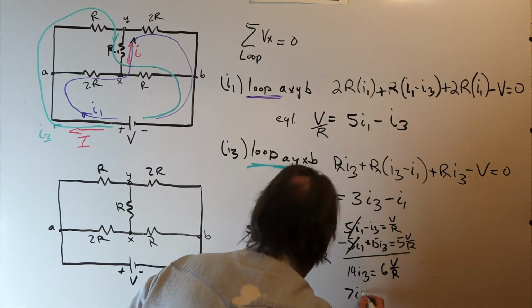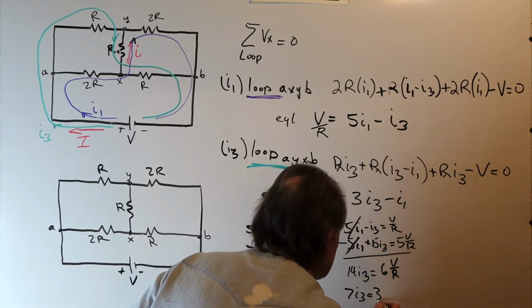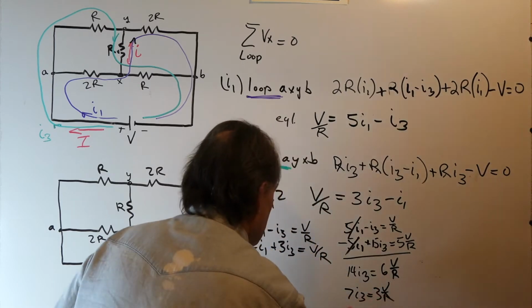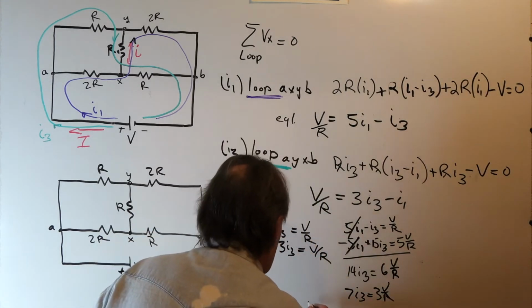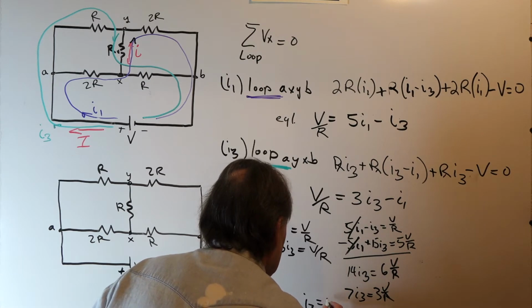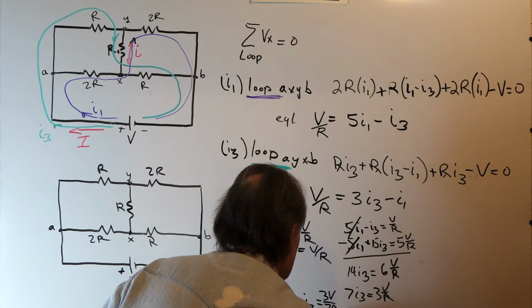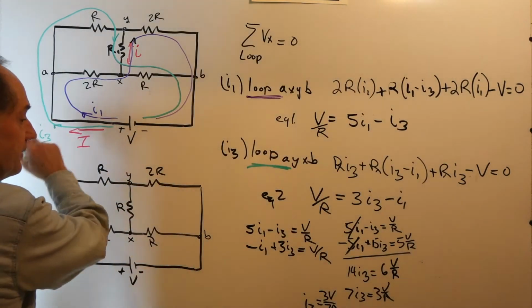We have 7 I3 equals 3V over R. Or from this equation we get that I3 is 3V over 7R. So that's the solution for I3.